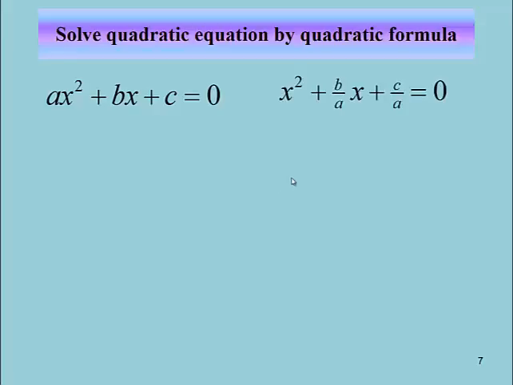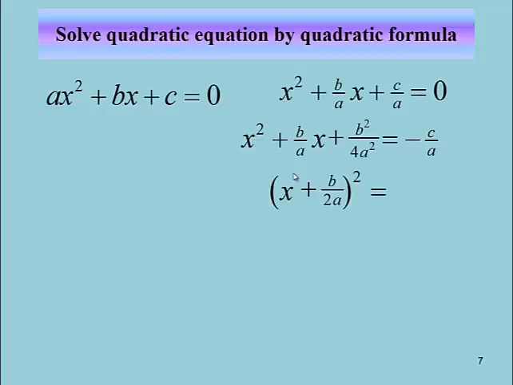And so if you divide through by a, move the c over a to the other side, do completing the square. This has to be an x. Half of b over a would be b over 2a. Square that, add it to the other side, and rewrite it. Do the square root of both sides, remembering the plus and minus.